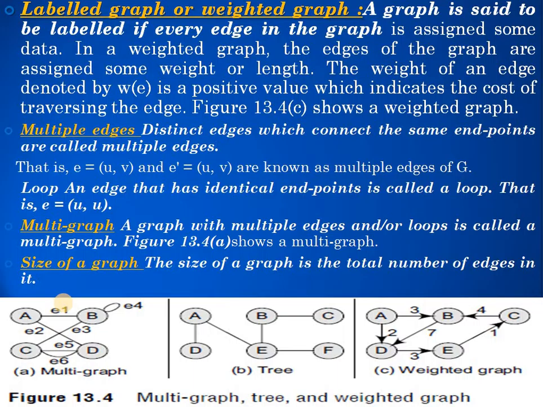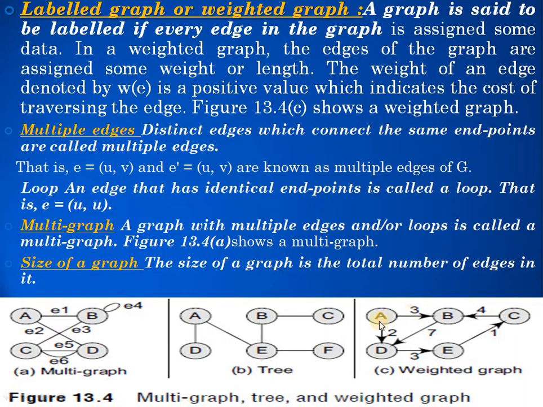In a weighted graph, the edges of the graph are assigned some weight, or we can say cost or length. Here we have a weighted graph. The A to B path is there and we have cost 3. Here the weight of A to B is 3. We have a value or label for that edge.